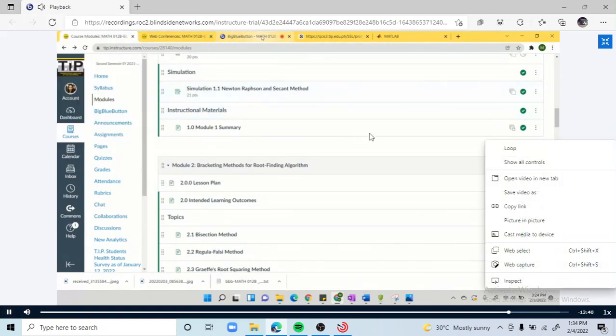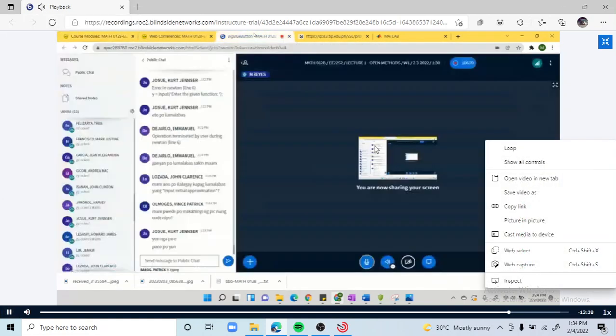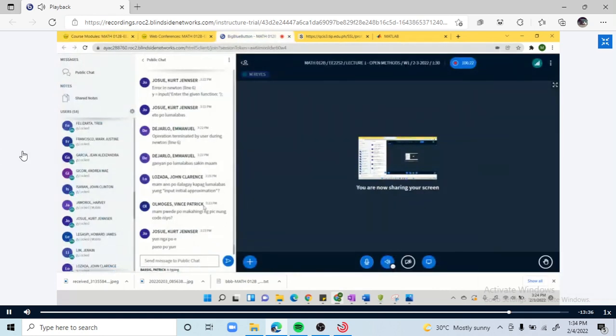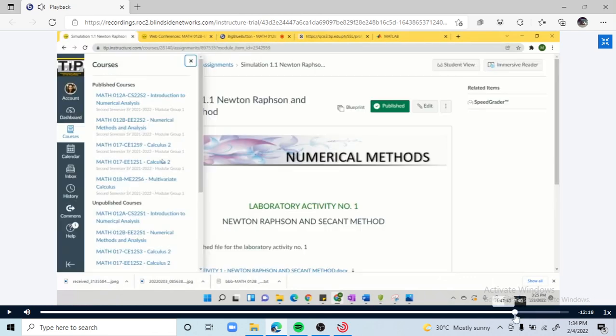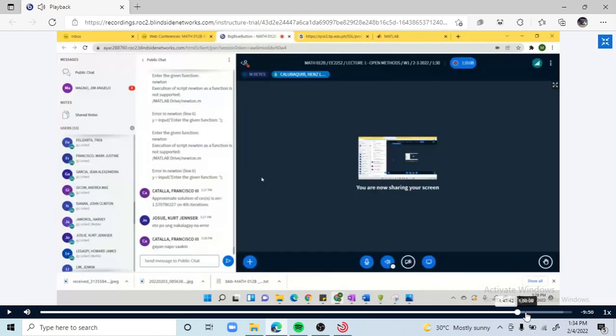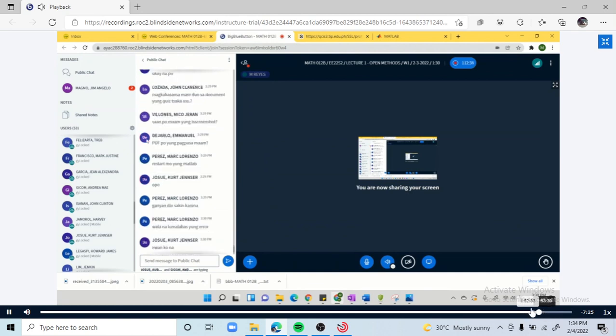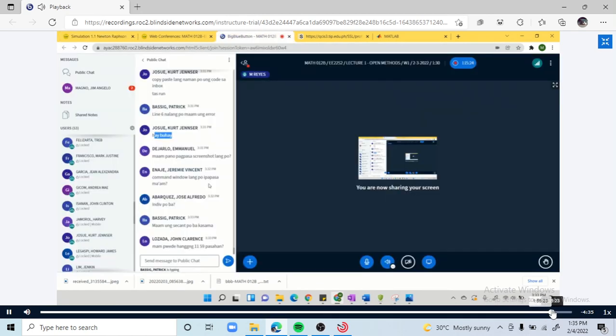Makikita nyo na dapat yan sa module nyo. Mga screenshots. Yes. Hanggang 11:59 kapag assignment at saka MATLAB.